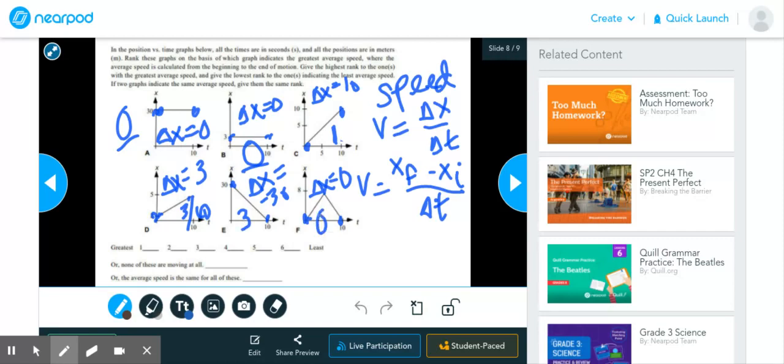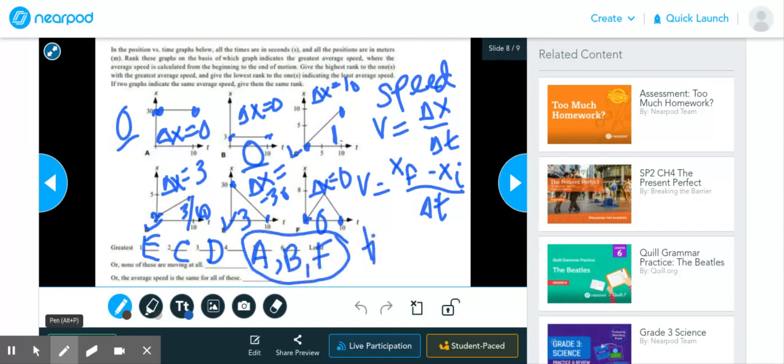So our ranking should be, from greatest to least: E, which is here, then C, which is there. Then we have D. That's our 3/10. And then all the rest of them, A, B, and F, are all tied for last.